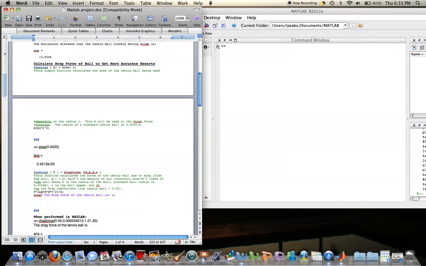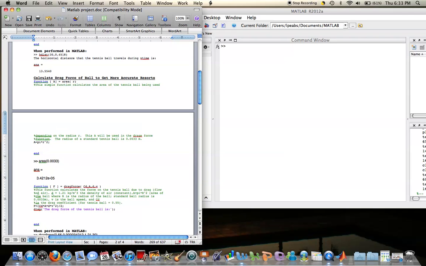My third function is, well, technically there's 4 functions, but this one here is just a little function because in order to calculate my last function, I need to have the area of the tennis ball, which I made into a function here called area, where r is the radius of the tennis ball.